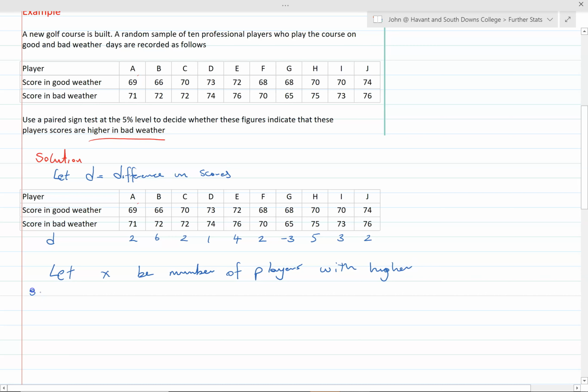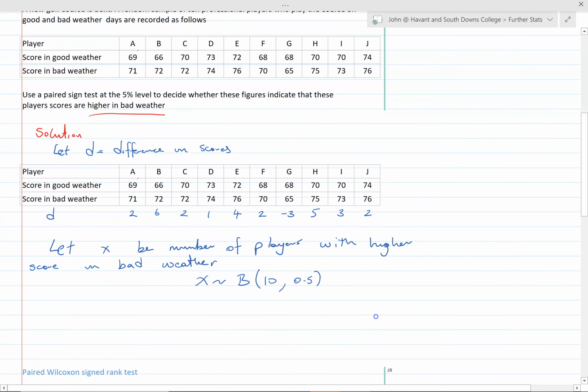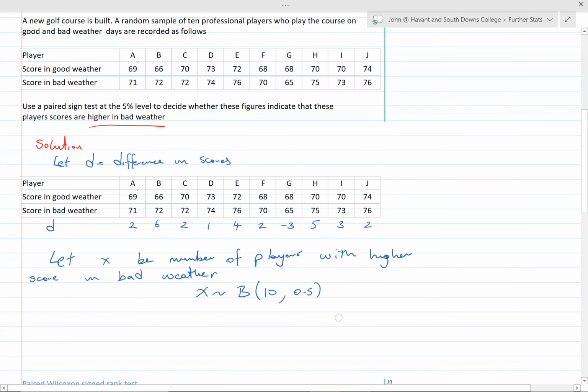So X is presumed to be, under the null hypothesis, which I'll write in a moment, binomial 10, because we've got 10 golfers, and 0.5, presuming that there's no difference, basically we should on average have an even distribution of positives and negatives.